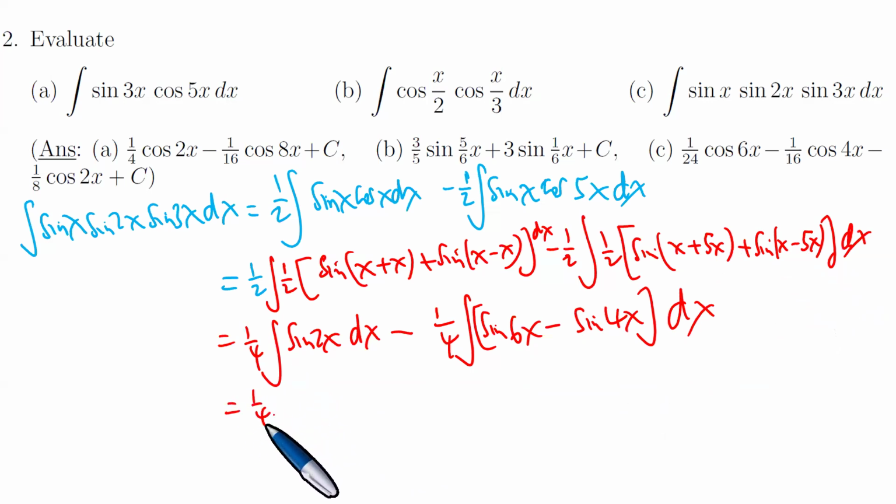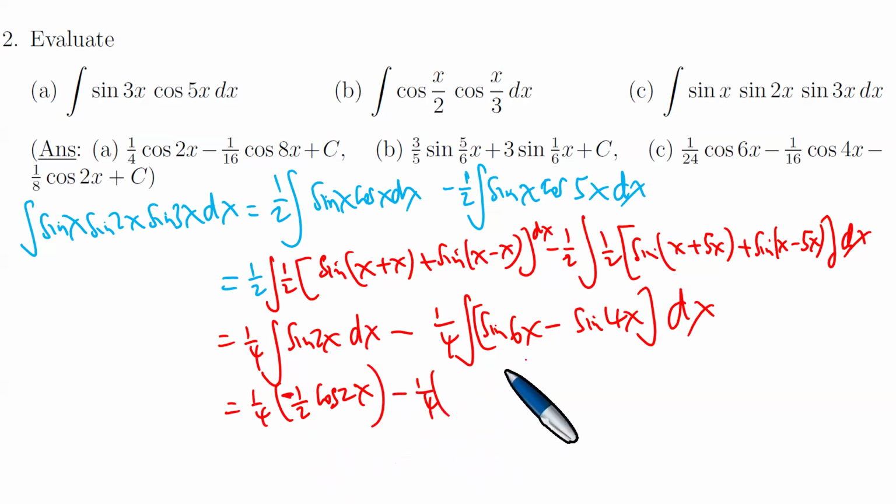Right, so you have 1/4. The integral of the sine is minus cosine. So it becomes minus 1/2 cosine 2x.